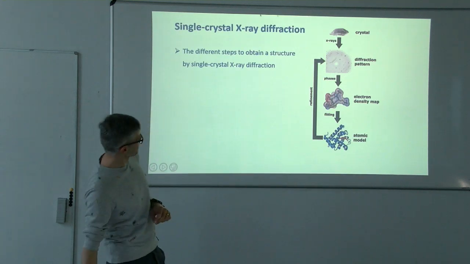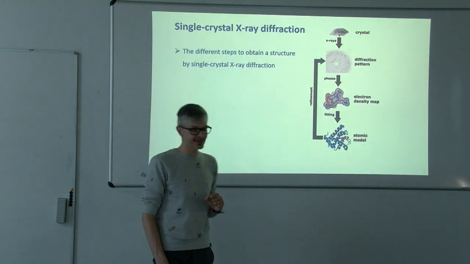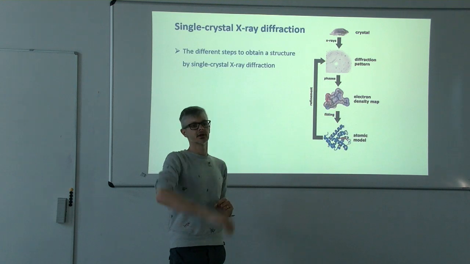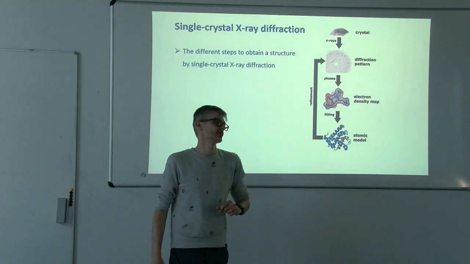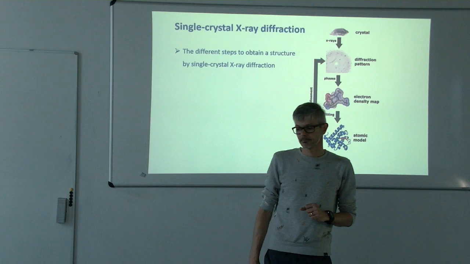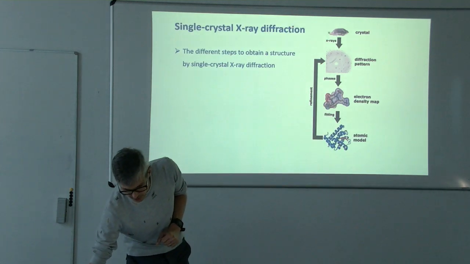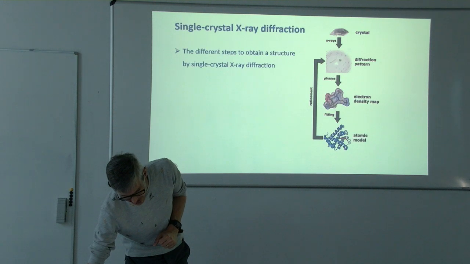And then when you have your crystal, what you do is you just shoot X-rays on it, and then it's gone again, you could say. So when you shoot the X-rays on the crystal, then you can get this diffraction pattern.